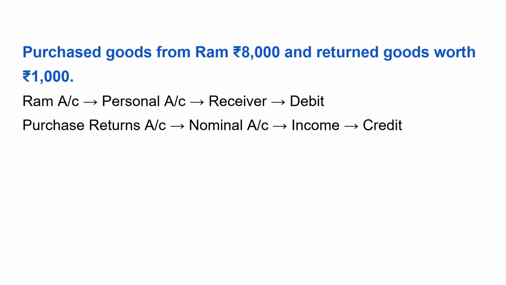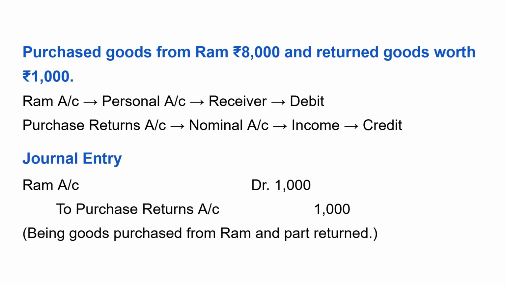When we return the goods, we take back the money and we give the goods. So it is income. So it is credited. And the journal entry is Ram account debit 1000 rupees to purchase return account 1000 rupees. And the narration is being goods purchased from Ram and part returned. Ram receives the goods back, so debit Ram, and purchase return reduces expenses, so it is treated as income.